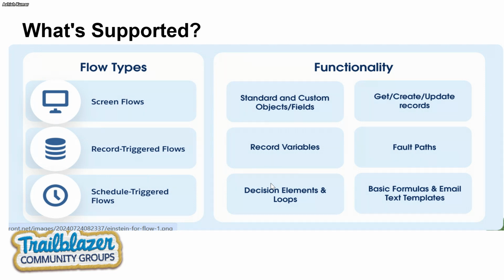Get, create, update record will be available, and it will create any record variable and a fault path for handling errors, and decision elements and loops, and basic formula and email text template. So if you want to send any email, it will also create the flow and add the necessary text for your email.